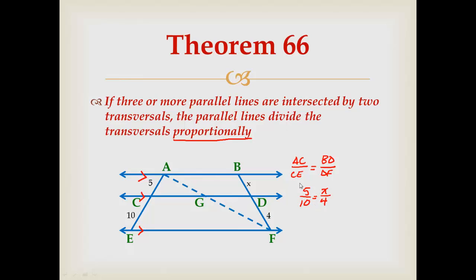So we could cross multiply, because 5 times 4 equals 10 times x. If you go through all the math, you would figure out that x equals 2. Now we have a ratio of 1 to 2 that we could apply to any part.